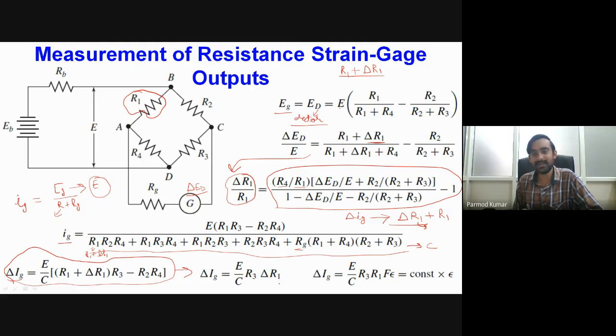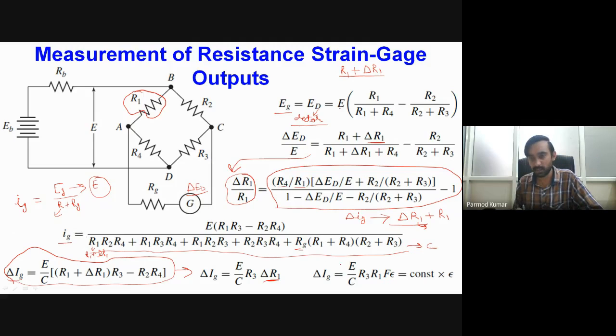And this delta R1 I can simply write as R1 times F into epsilon, which comes from the definition of the gauge factor that I told you in the previous lecture. So delta R1 I can replace with R1 F epsilon.